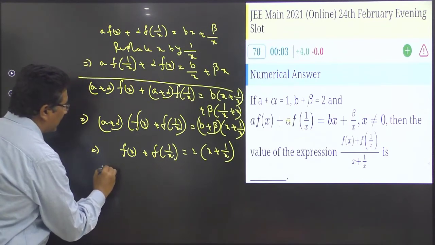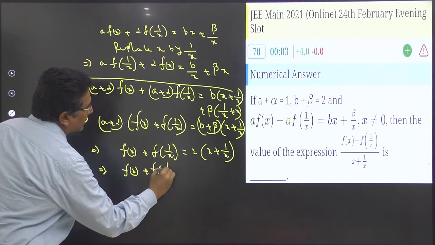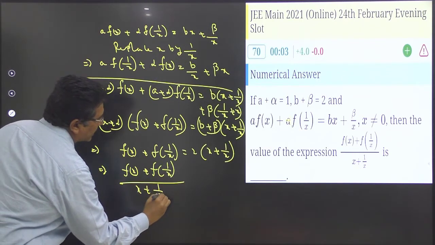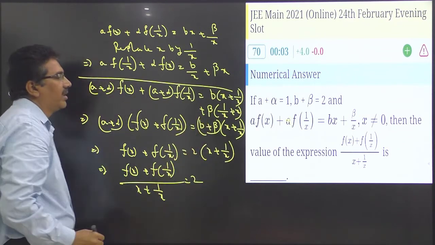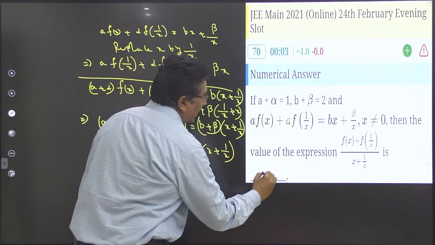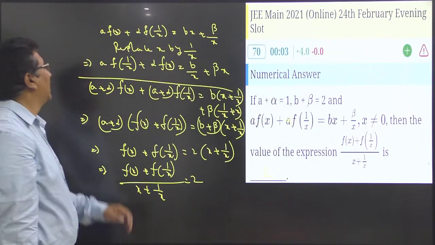That implies (f(x) + f(1/x)) divided by (x + 1/x) is equal to 2. Therefore the value of the expression is 2. Now let us see the next one.